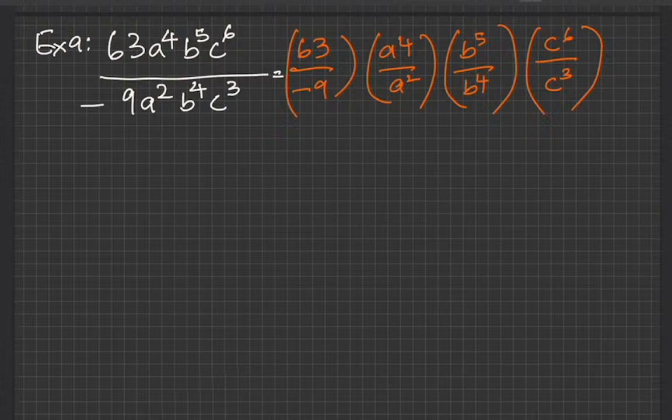I have a negative divisor. So negative 9 times what will give me 63? It has to be negative 7. Correct?